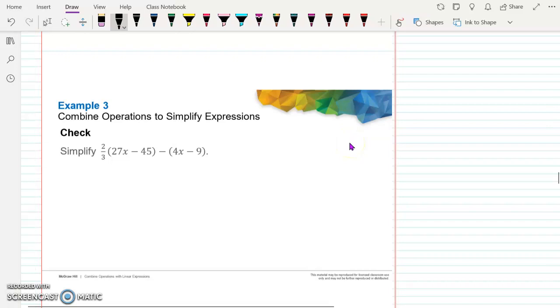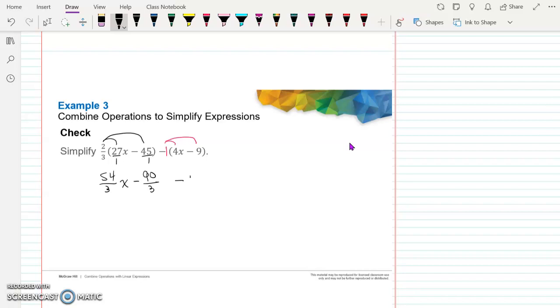So here we have a similar problem in the check problem. So we're going to do 2/3 times 27x, and 2/3 times 45. We're also going to multiply a negative 1 times 4x and a negative 1 times negative 9. So 2/3 times 27 over 1 would be 54 over 3x, minus 2 times 45 is 90. 3 times 1 is 3.